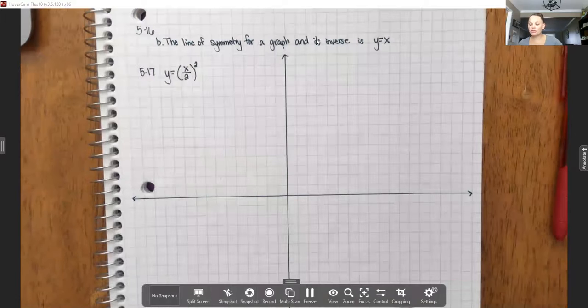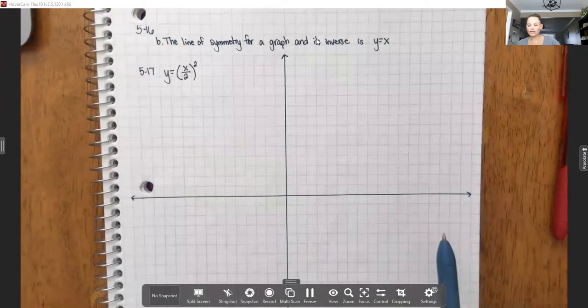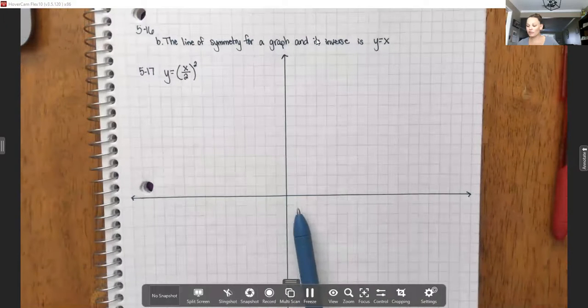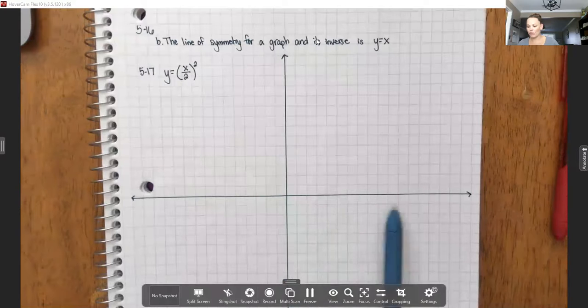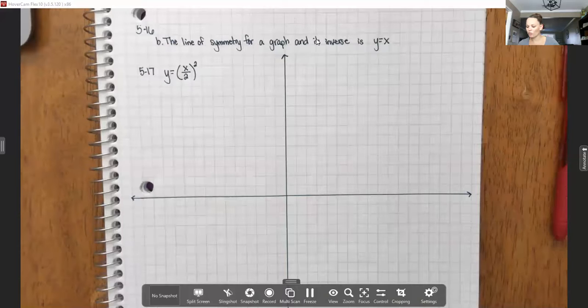So it says use the same scale for both of these. So I'm just going to count by ones. If you want to count by twos or by 1/2, maybe I'll count by half. I don't quite remember. It doesn't really matter as long as you're being consistent.